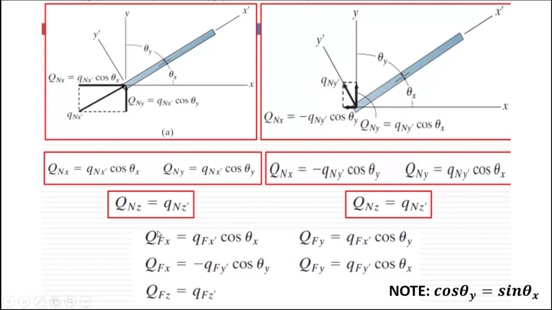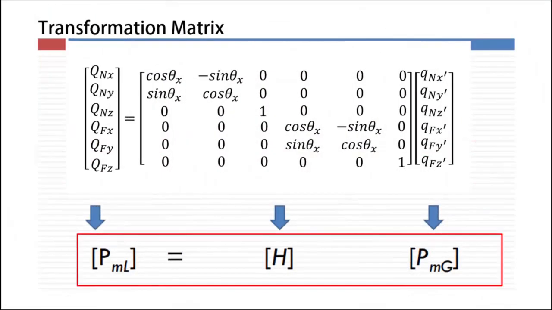Obviously, we're just relating the global member forces, the capital Q values, and the local member forces, the small q values. And the relationship is just a function of the angle theta x. So if you set these up into a matrix, you get this. Now I know the slide that I uploaded indicates P_ML equals H times P_MG, but I did mention that capital Q stands for the global member forces and small q stands for the local member forces.